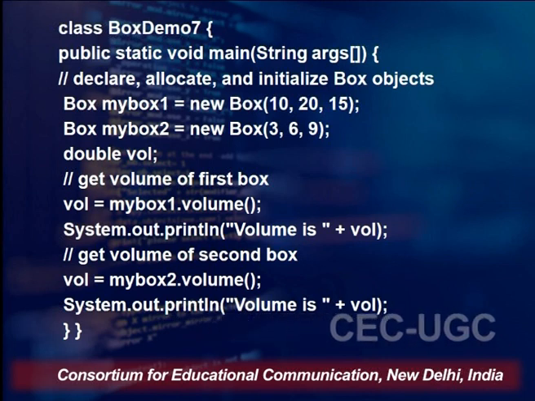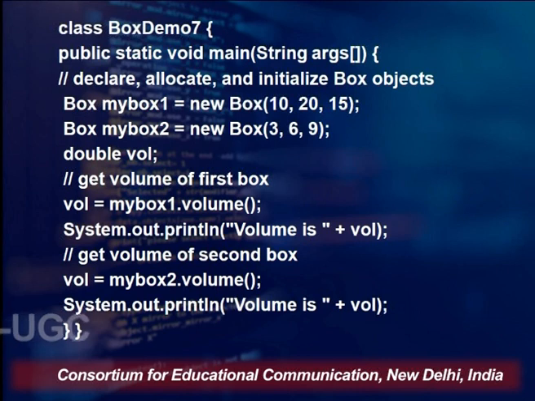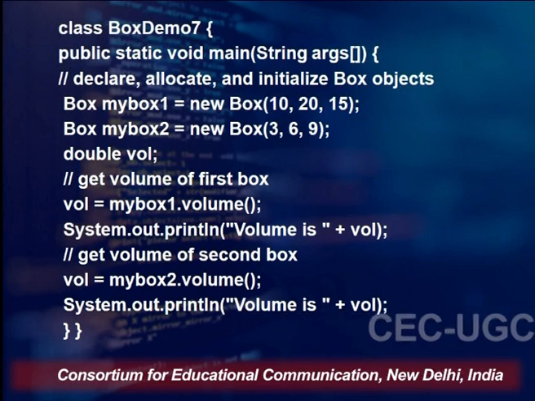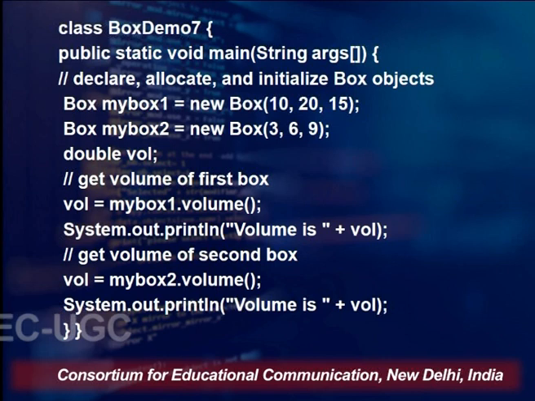And then we have taken one particular variable named vol, and the idea of this variable, as you are all aware, is to store the result of the volume method.